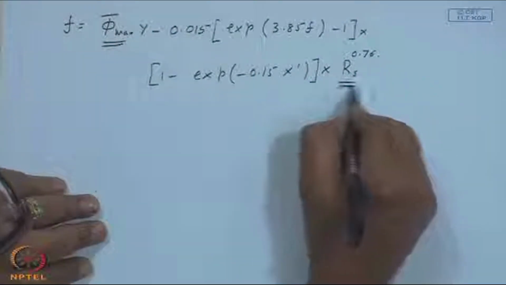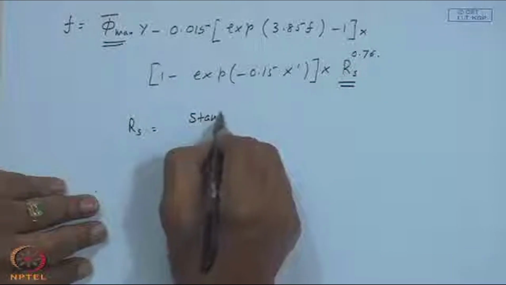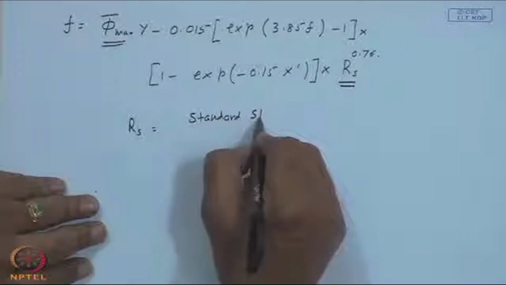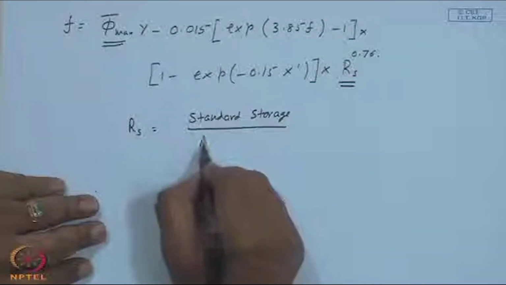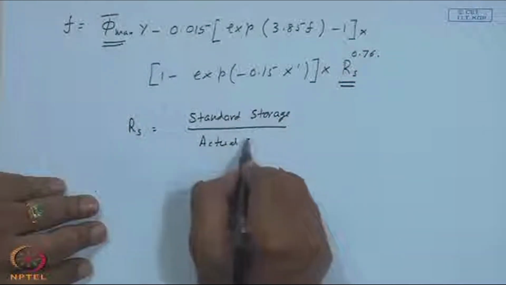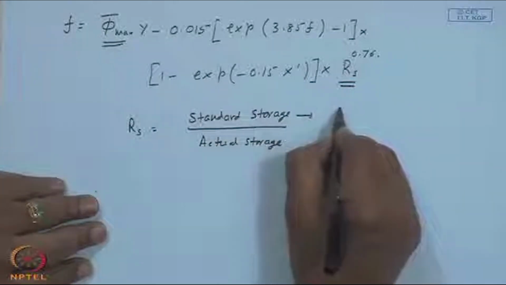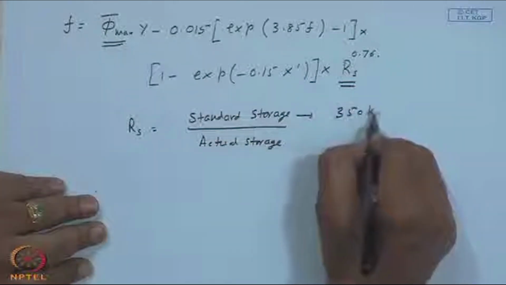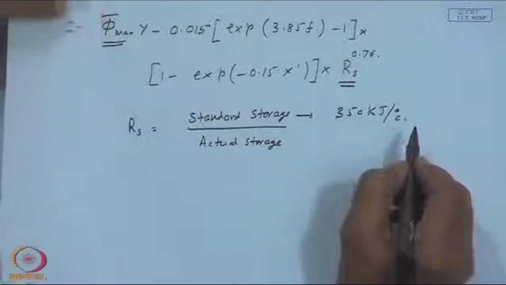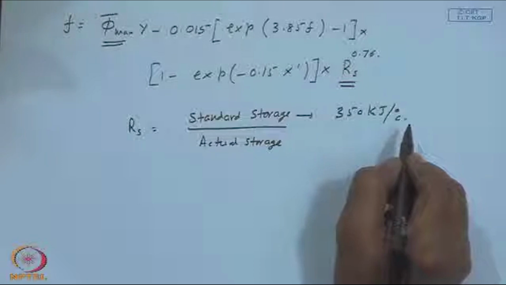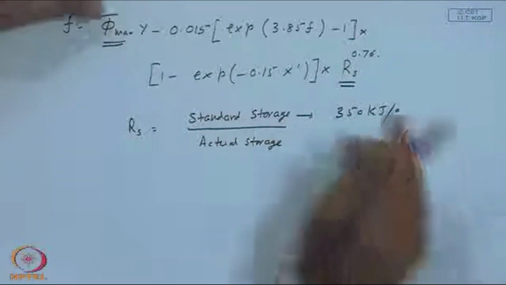And this R s is the ratio of standard storage to actual storage. Standard storage is 350 kilojoules per degree C. This roughly corresponds to 75 liters of water. 75 liters multiplied by the Cp 4.18 comes to about 350.